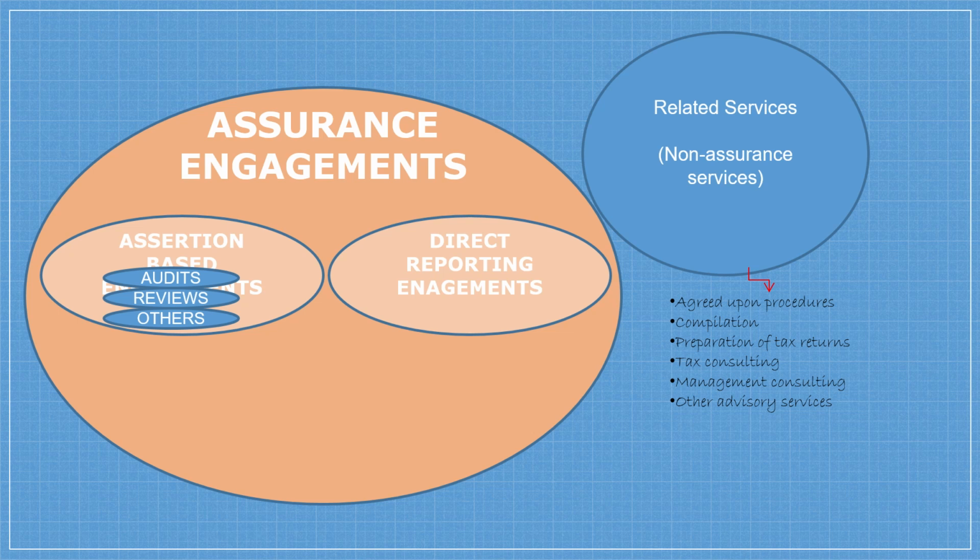Another non assurance service or related service is that of a compilation engagement. Whereas agreed upon procedures utilize procedures that are audit in nature, a compilation engagement, on the other hand, utilizes accounting expertise rather than auditing expertise. So, in the case of a compilation engagement, this is where you transform a very detailed trial balance, for example, into, say, financial statements with the correct line items.